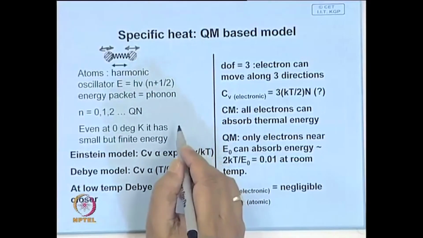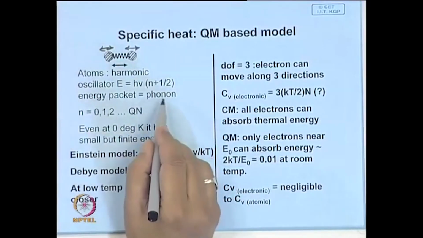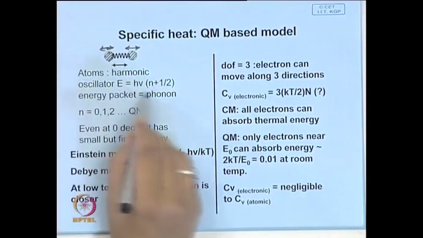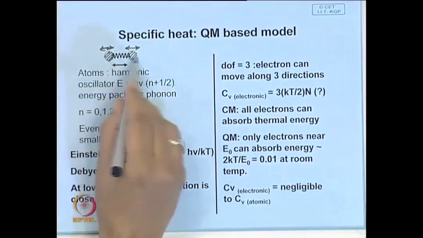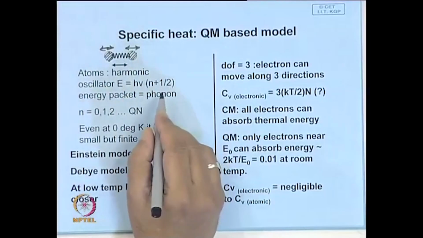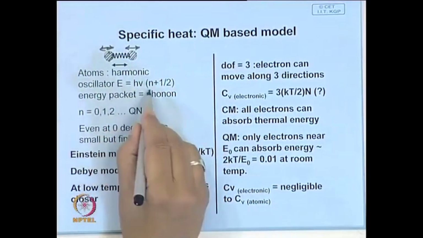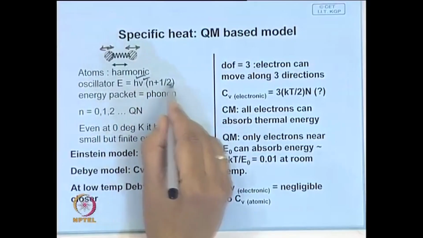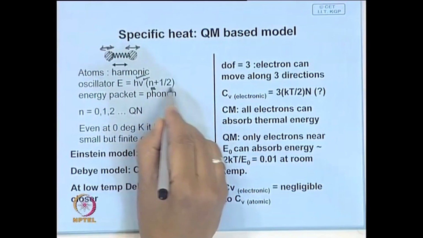In the quantum mechanical model, it is assumed that this oscillator can have certain specified levels of energy, given by this: h is Planck's constant, nu is the frequency, and n plus half, where n is a quantum number.